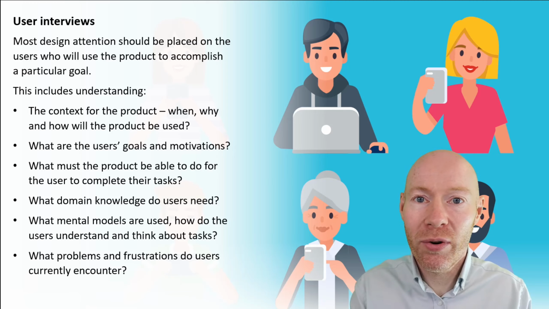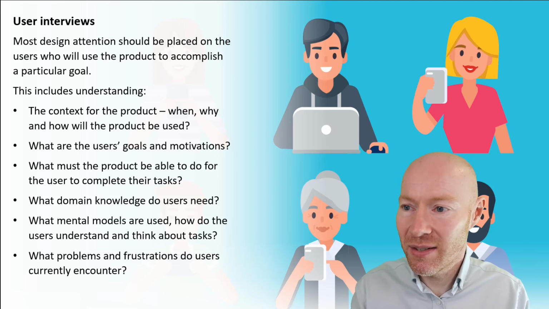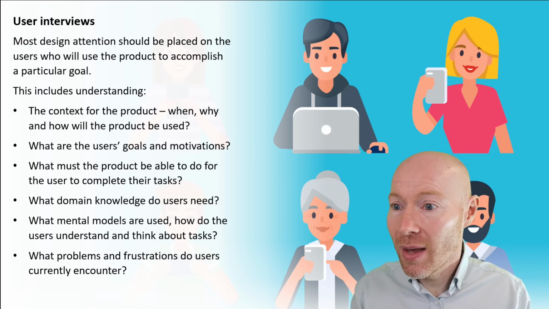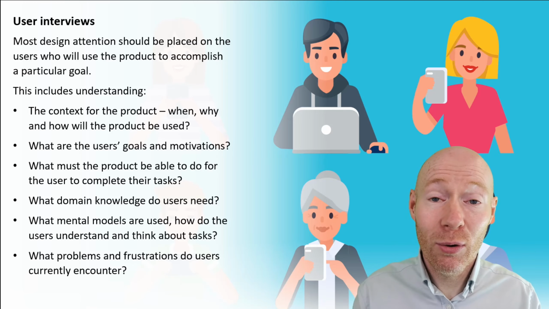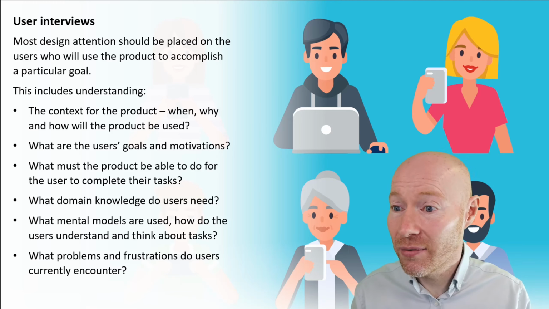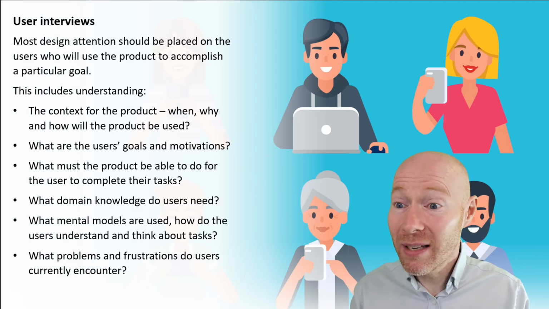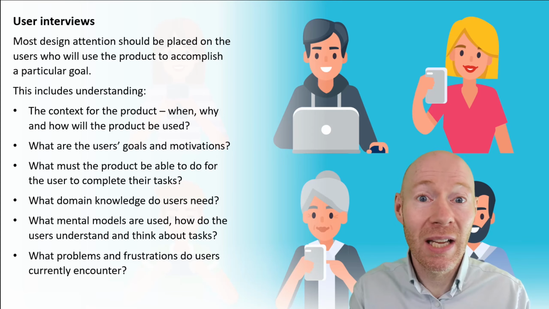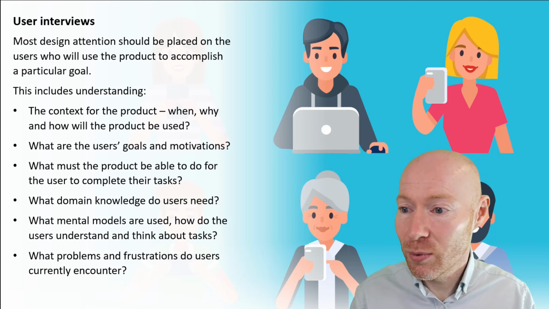What are the constraints? Is it every single day? Is it occasional? What are their goals and motivations? What must the product be able to do if they're to be able to complete whatever tasks they have? What domain knowledge do they need? What do they need to understand or have access to, to enable them to do their job in terms of what they want to do?